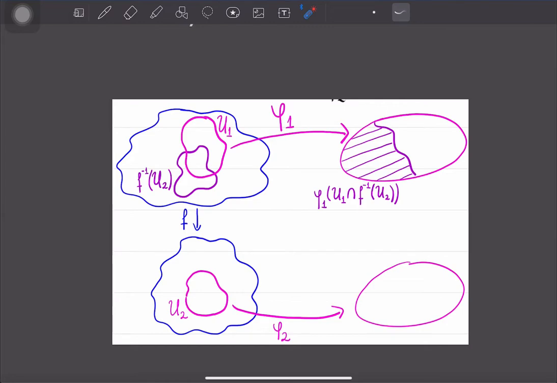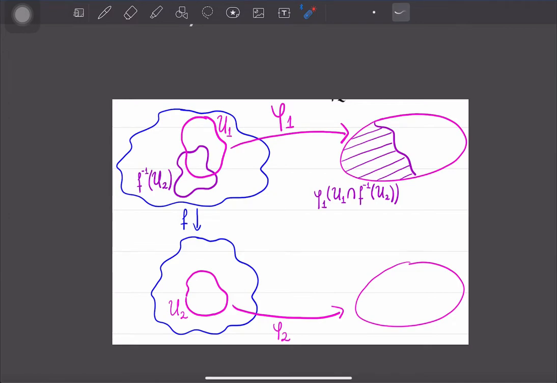This is with U1, but one can also take U2. My point is that this whole inverse image can be recovered by considering the part that it shares with U1 and the part that it shares with U2, which then gives me the whole inverse image.